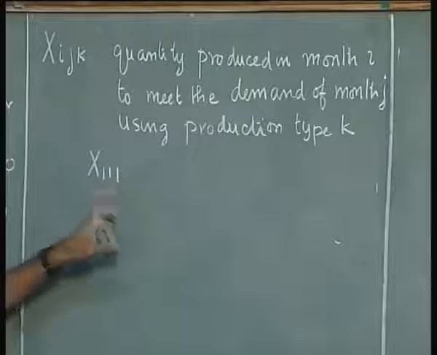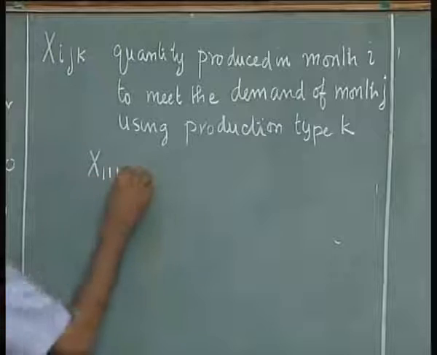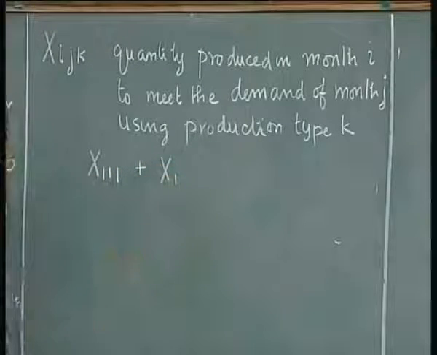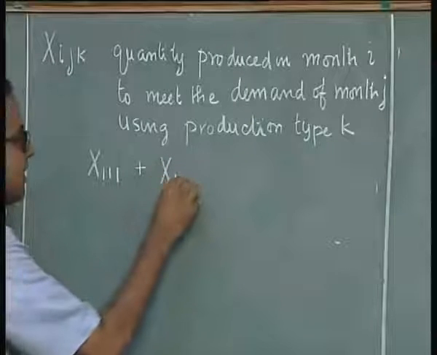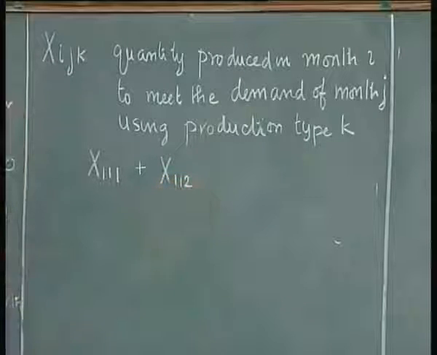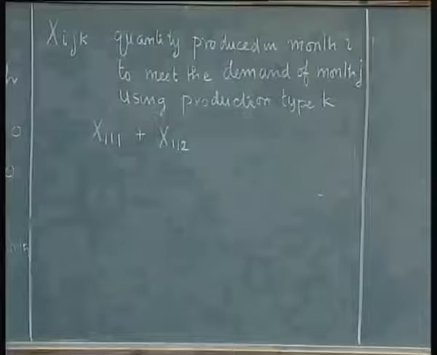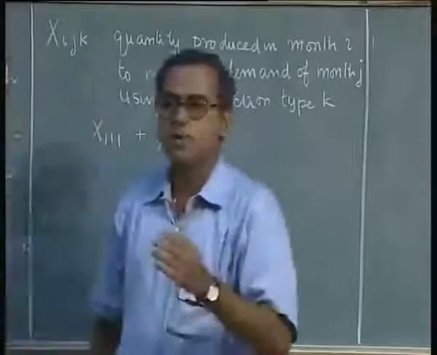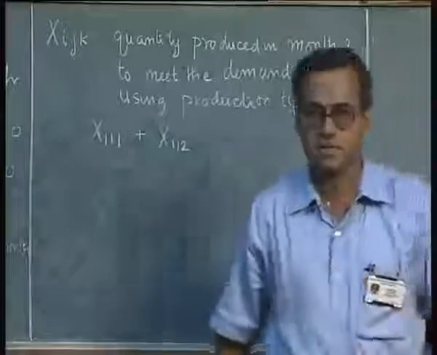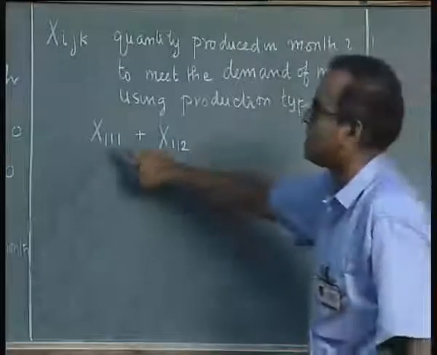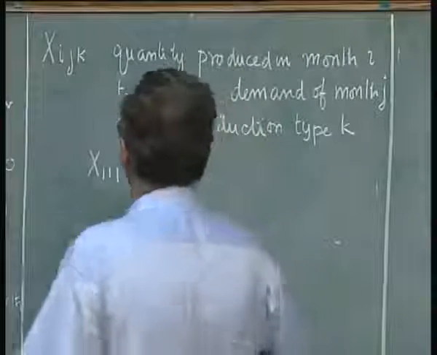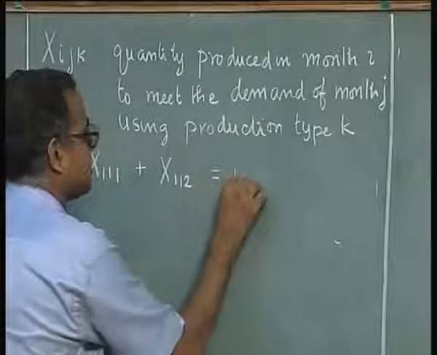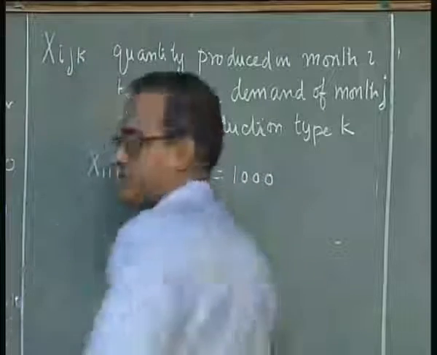So, it is x 1 1 1 plus x produced in the first month to meet the first month's demand using overtime. These are the only 2 variables that represent the production to meet the demand of the first month. So, x 1 1 1 plus x 1 1 2 should be equal to the first month's demand, which is 1000.